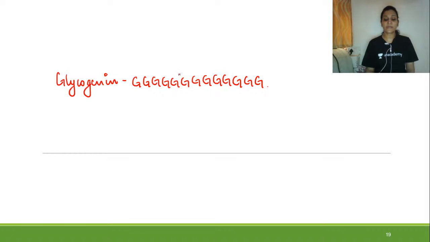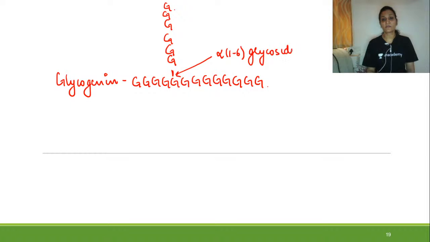And let us attach some of the branches also, because glycogen is a branched molecule. So this is the branching point, and this linkage is alpha 1,6 glycosidic linkage.